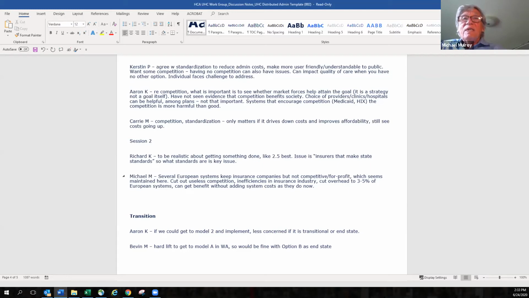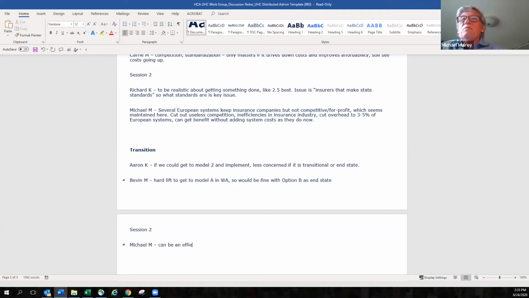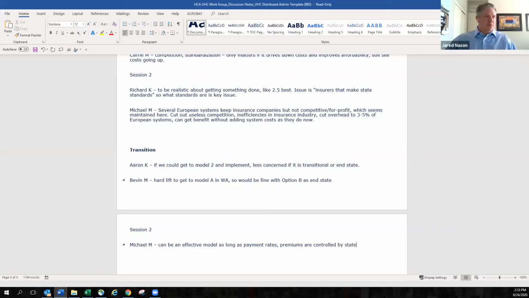But if your question is whether this is a transition or a state-run program, I think this model, Model B, can be a very effective option as long as there is control of the rates of reimbursement and the premiums charged by the state itself, and not leave that in the hands of the participants to dicker over.